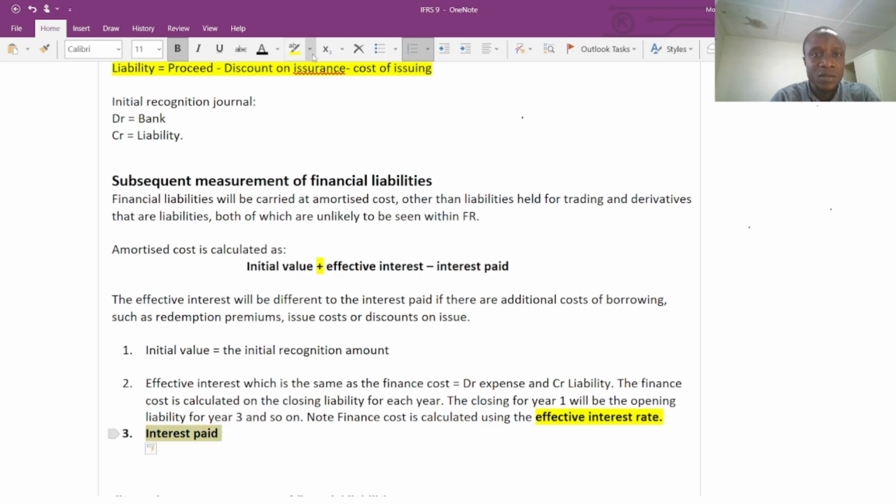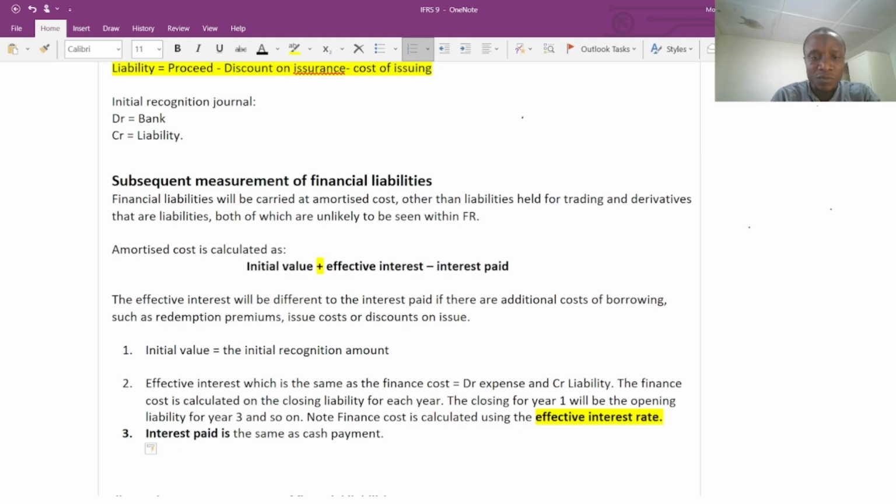It means on annual basis, we are going to make the cash payment. Interest paid is the same as cash payment. So now on annual basis, we are going to make a cash payment of the interest. This is the actual cash that we are going to pay to the bank as a result of the loan. So it will be the cash payment.